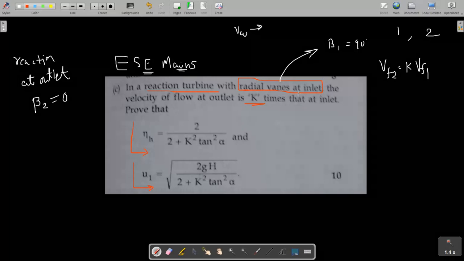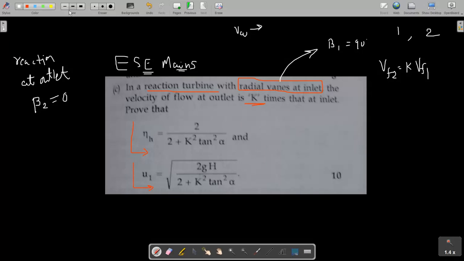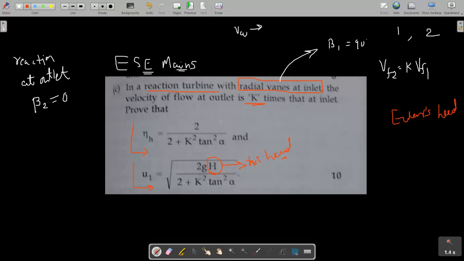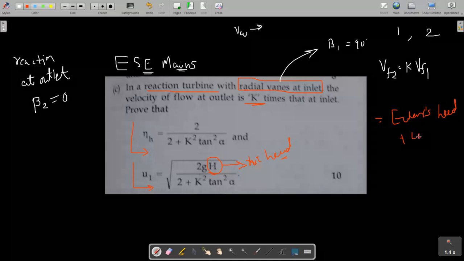Now here the term H is given to us. H is net head, and we know the other head, that is Euler's head. When you add the losses occurring in the system to the Euler's head, it will become net head.